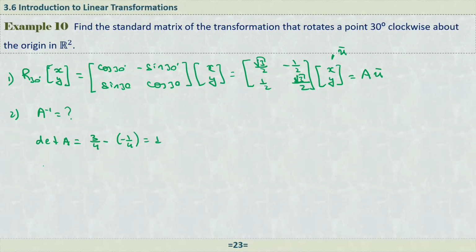After that A inverse will be: we interchange A and D, and multiply the other numbers by negative 1. Since they are the same, here we have square root of 3 over 2, square root of 3 over 2, and multiplying by negative, here we have minus 1 over 2, 1 over 2. Now if you multiply any vector by this matrix, its effect will be the rotation of that vector clockwise 30 degrees about the origin.